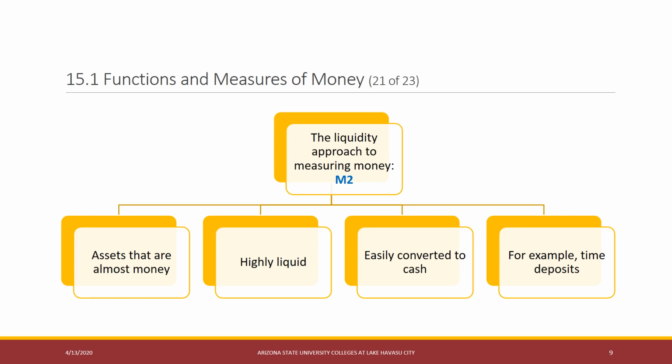The liquidity approach to define and measure money views money as the temporary store of value, and so it includes all of M1 plus several other highly liquid assets. When we talk about highly liquid, it means it can be easily converted to cash, for example, time deposits.